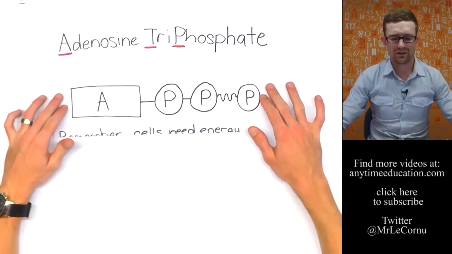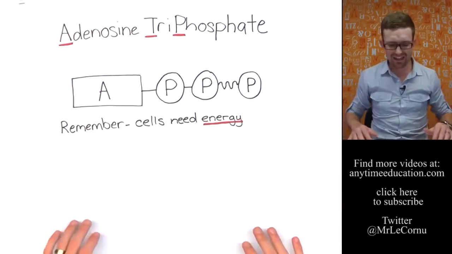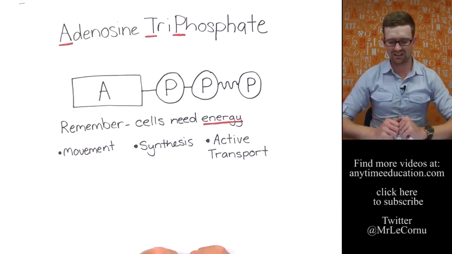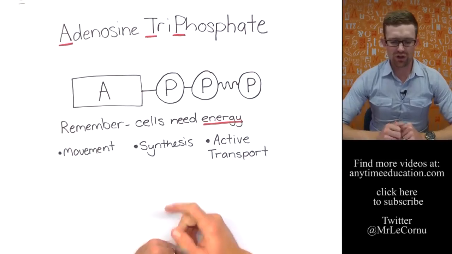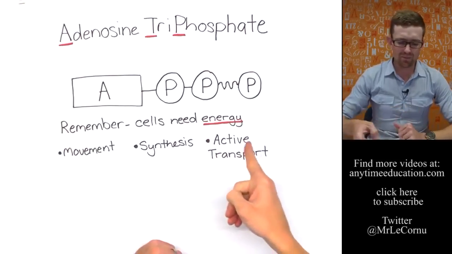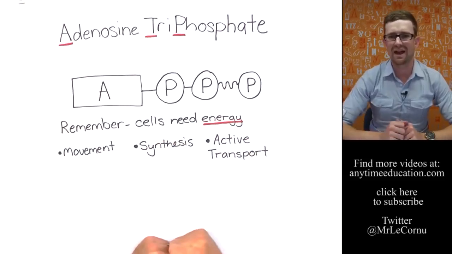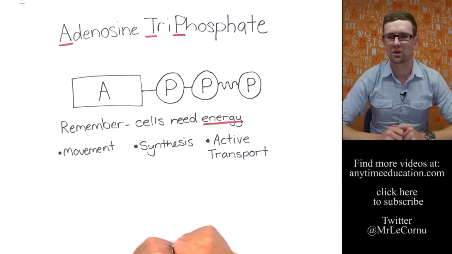Now remember, cells need energy to survive, and they need energy for things like movement and synthesis and active transport. So ATP enables cells to do those things because when it's converted into ADP, the energy that's released can allow cells to do those jobs.